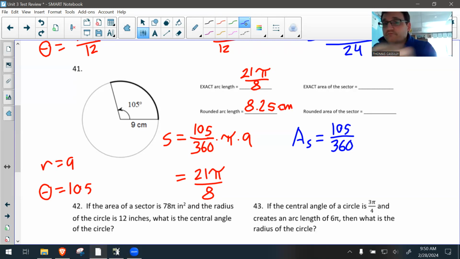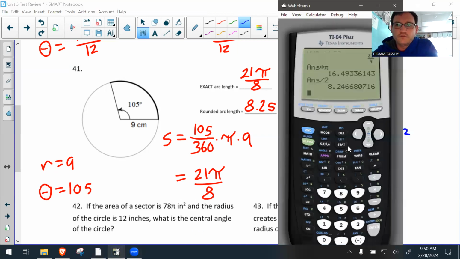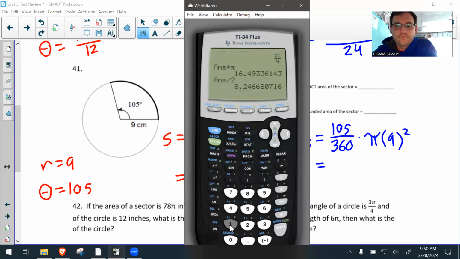The next one, back to it, area of sector, central angle, 105 divided by 360 times pi times 9 squared. 9 squared is 81, right? So top of our fraction, 105, divided by 360, going to multiply that by 81. Gives me some decimal again, kind of ugly. So turn it into a fraction.